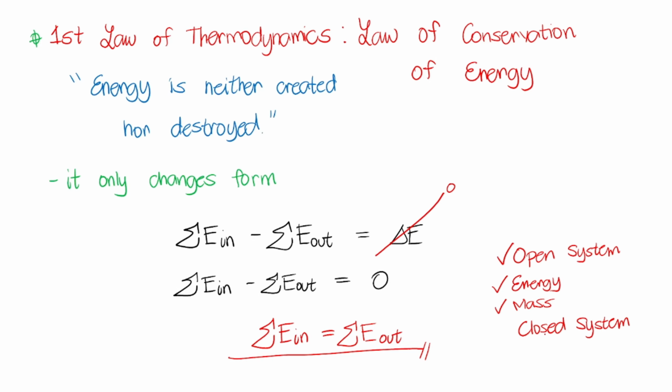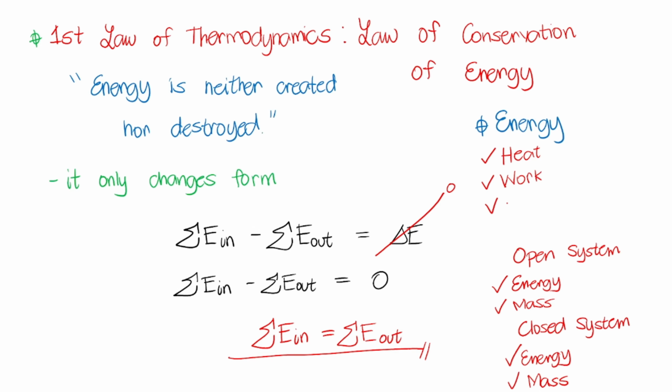But in a closed system, only energy can enter, not mass. And in thermodynamics, energy can be in 3 forms. So what are those forms? Energy can be transferred in and out of the system in the form of, first is heat, second is work, and the third is mass.